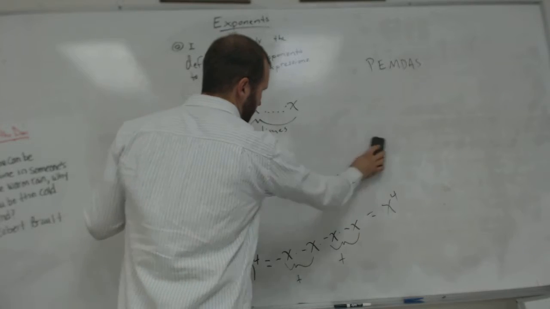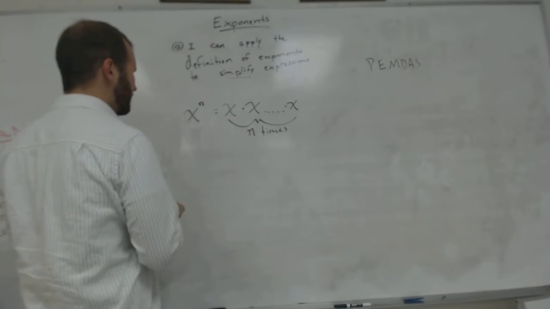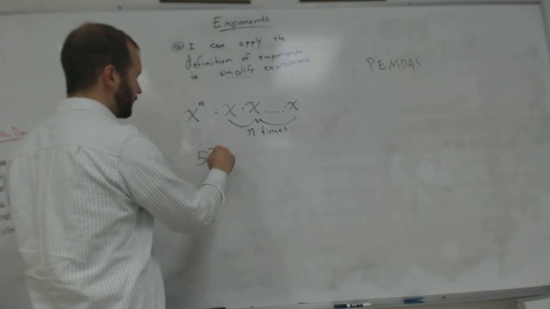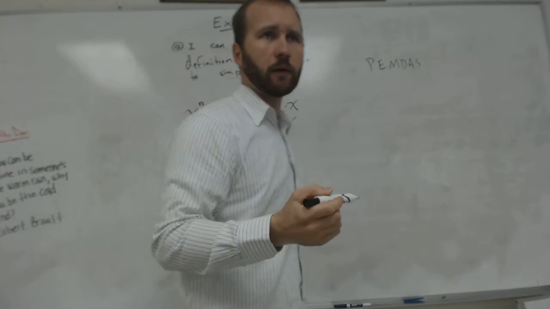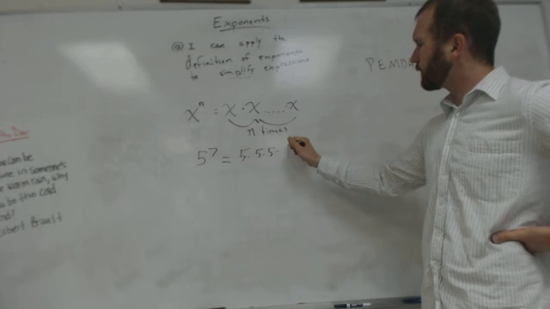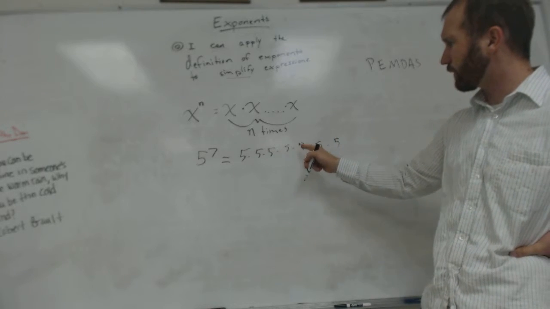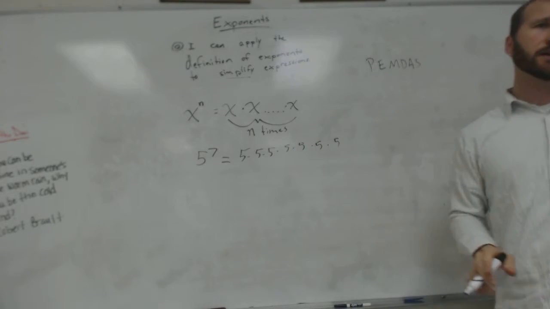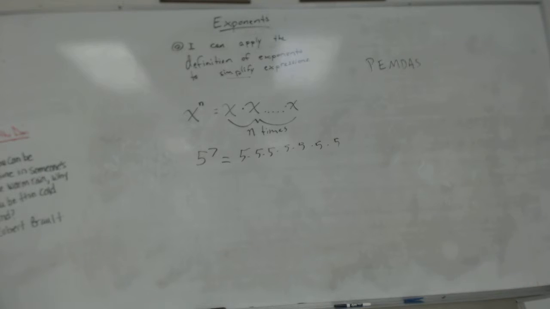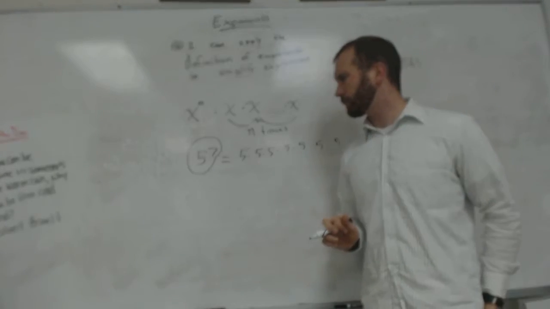All right. Now we could do this with numbers too, right? If I said 5 to the 7th, that would be written out as 5 times 5 times 5 times 5 times 5 times 5 times 5, 1, 2, 3, 4, 5, 6, 7 times, right? So generally, this would be considered the simpler form.